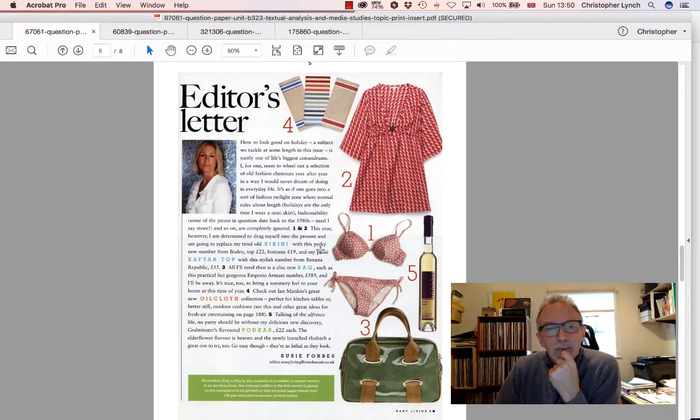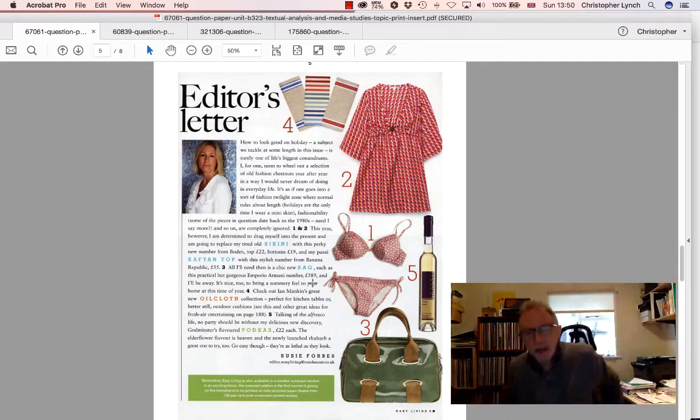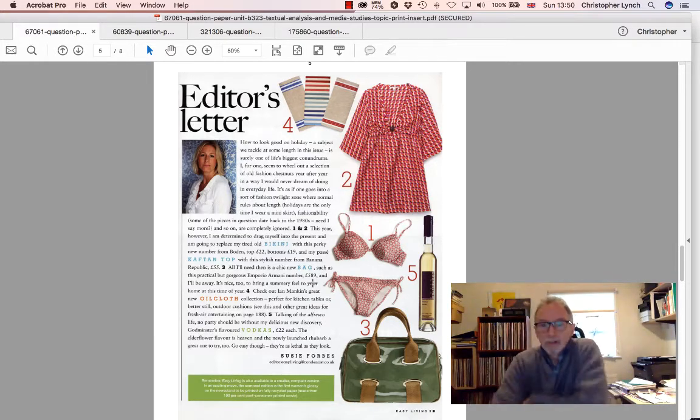Here, look at this perky new number referring to bikinis. So that could tell you something about the women, or this bag here costs nearly £600. Well, again, that tells you a good deal about the women, and maybe what's number 5. It's for having parties outside.